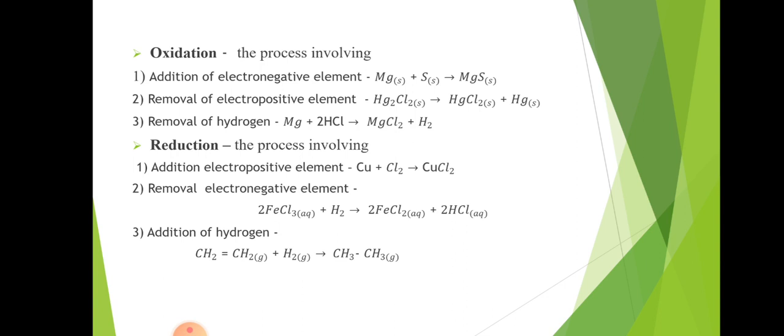In this compound, the Cl is the electronegative element, and it can be removed, and therefore the iron chloride combines with that H2 to form FeCl2 and HCl.